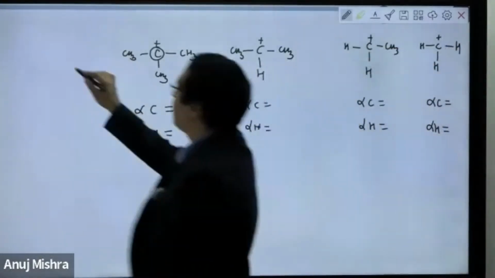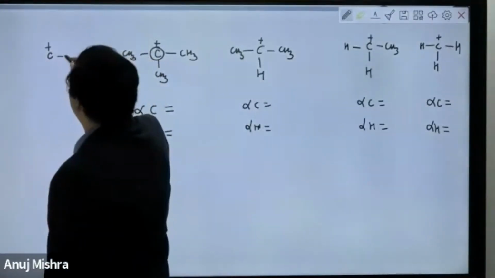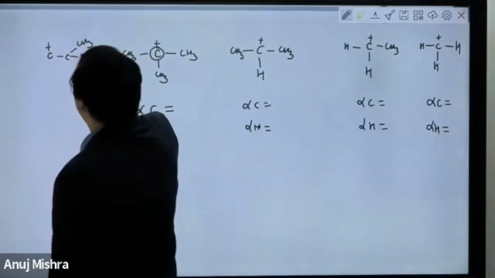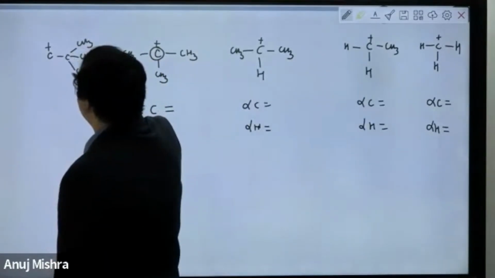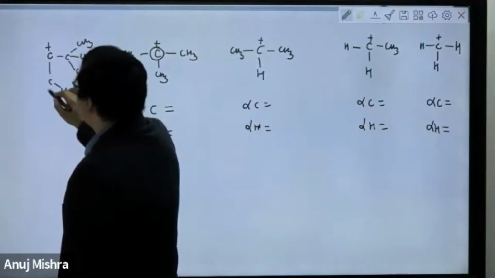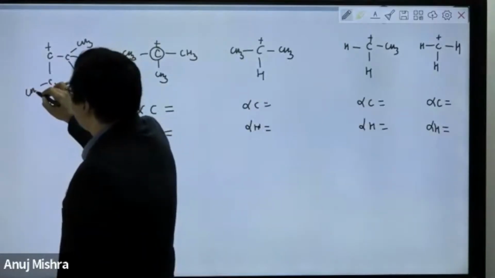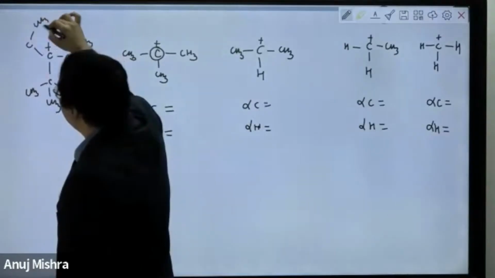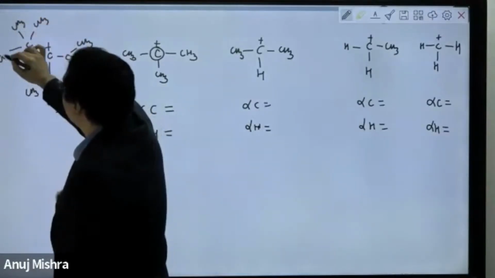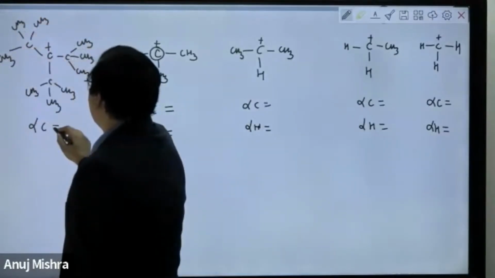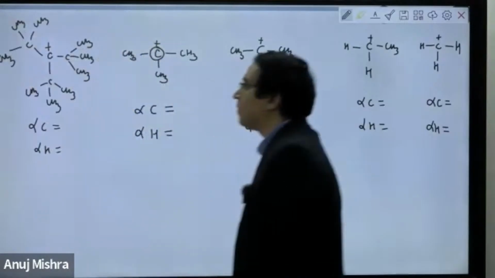And then C plus with three CH3 groups. Alpha carbon. Count and write quickly.